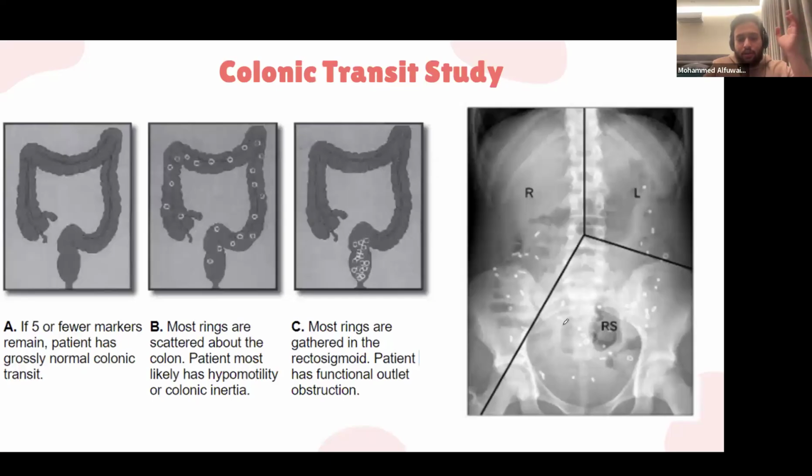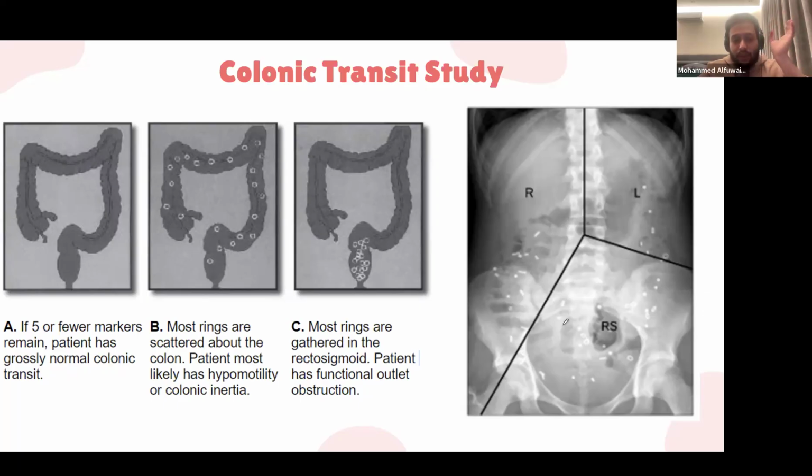Now, one way you could diagnose constipation is using a colonic transit study. Basically, you give the patient rings, around 24 rings, and you tell the patient to swallow them, and you follow them up 5 days later.